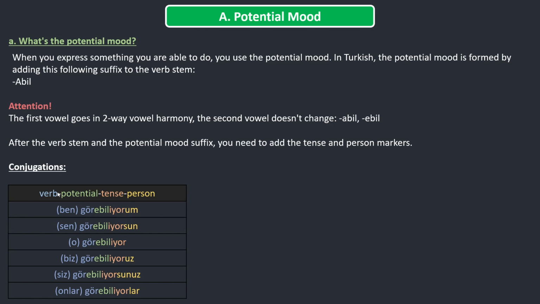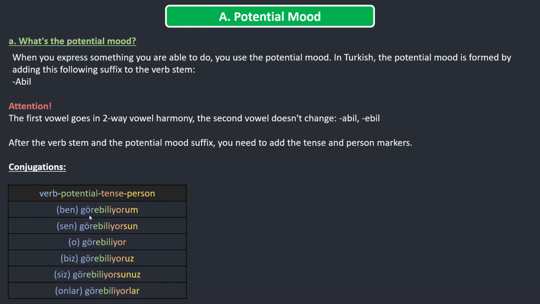This is the root order or the suffix order. The verb stem, that's the root. And then we have the potential suffix abil. And then the tense, we will be using the continuous past tense in our examples. And at the end, we will talk about how to use them in different tenses. And then the person. These are called tense and person markers. They tell us in which time something happens and who does the action.